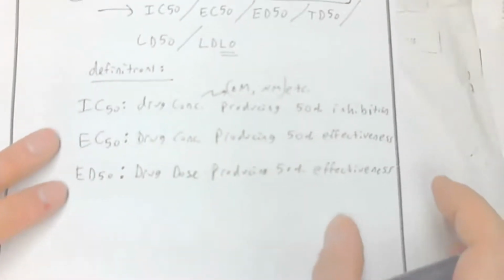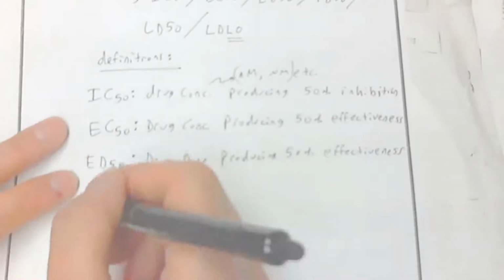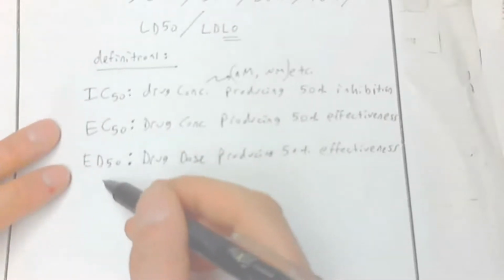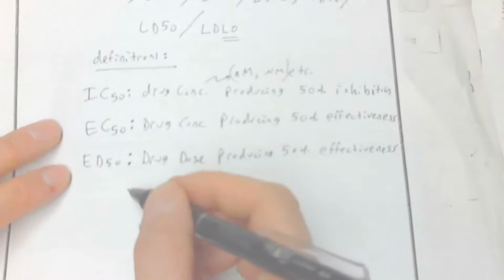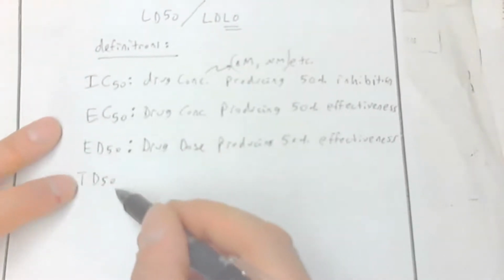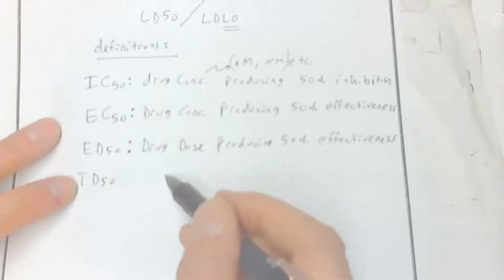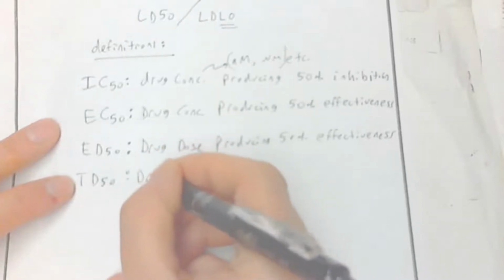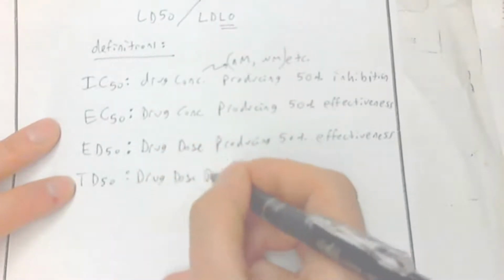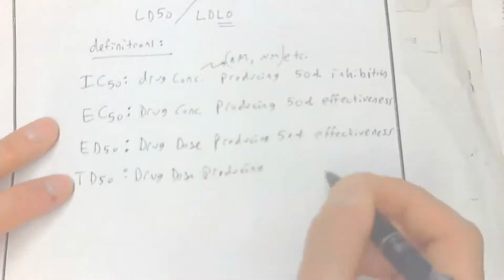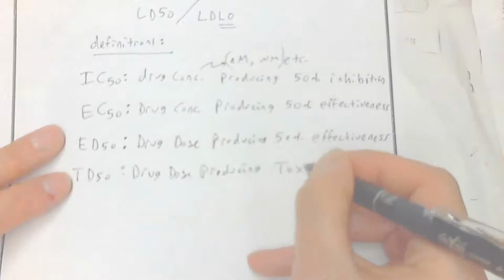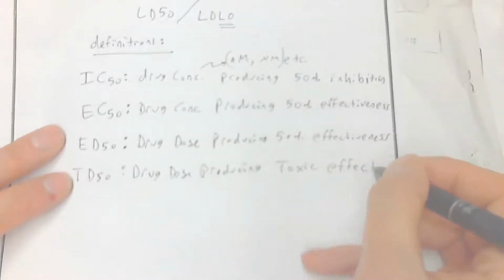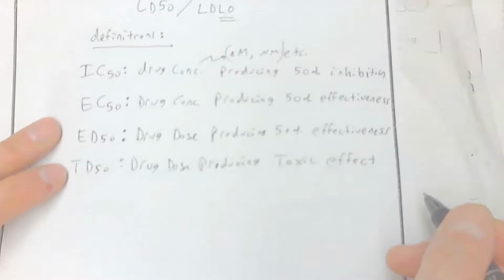Okay, yeah, cool. And then of course, we've talked about some of the undesired effects of drugs. Obviously, TD50 is basically a measure of a dose that would produce toxicity among 50% of a population. So this would be a drug dose producing a toxic effect, some kind of toxic effect. It could be cardiovascular toxicity.